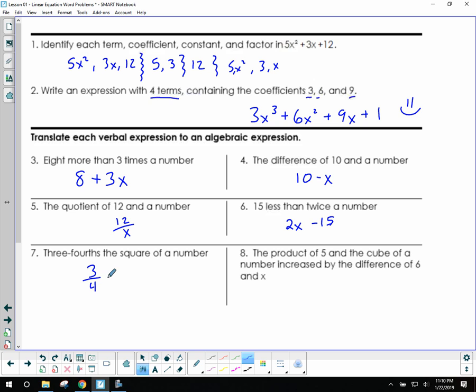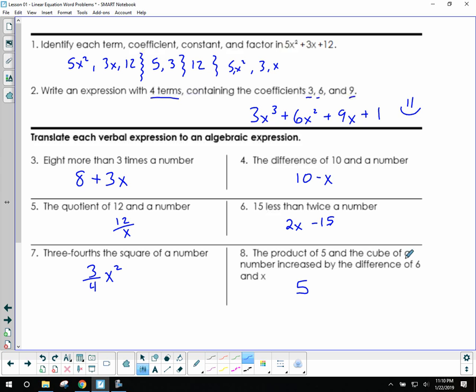Product of 5 and the cube of a number increased by the difference of 6 and x. Holy moly. So we got a product of 5 and the cube of a number. So let's see.